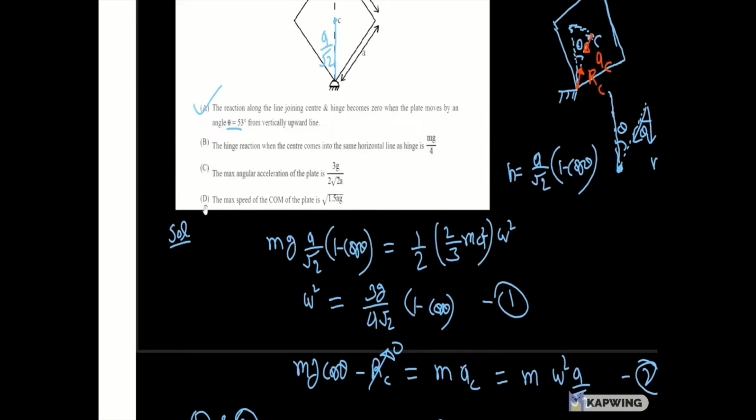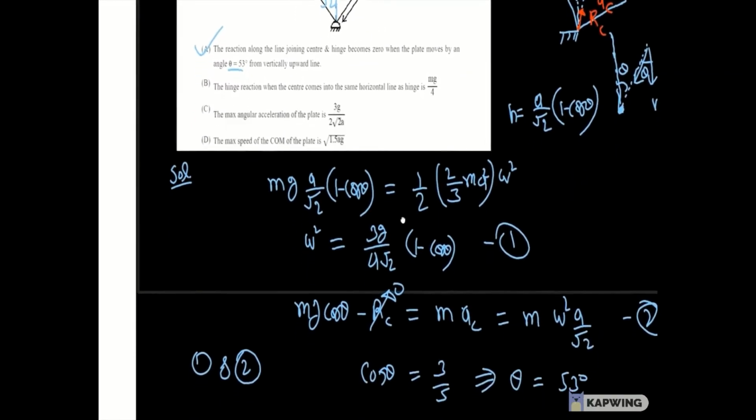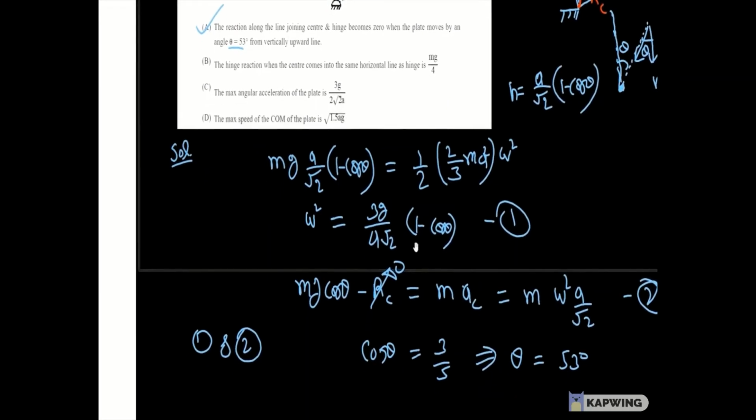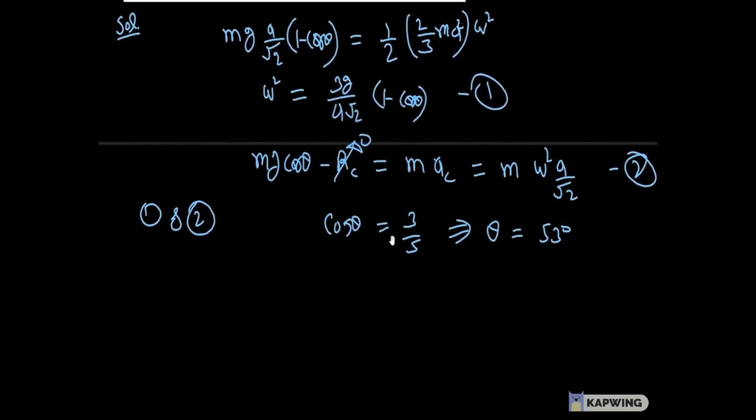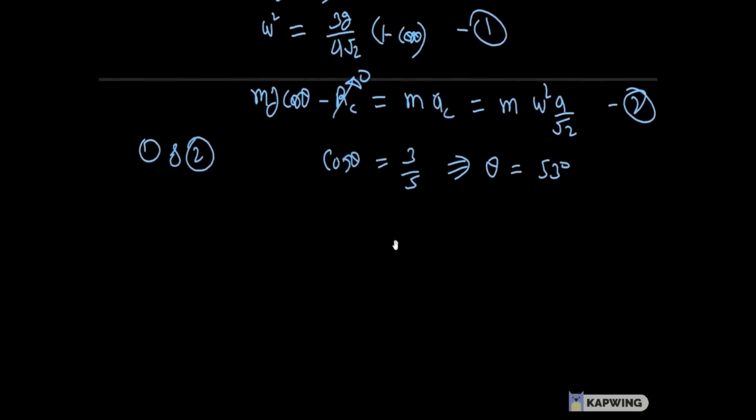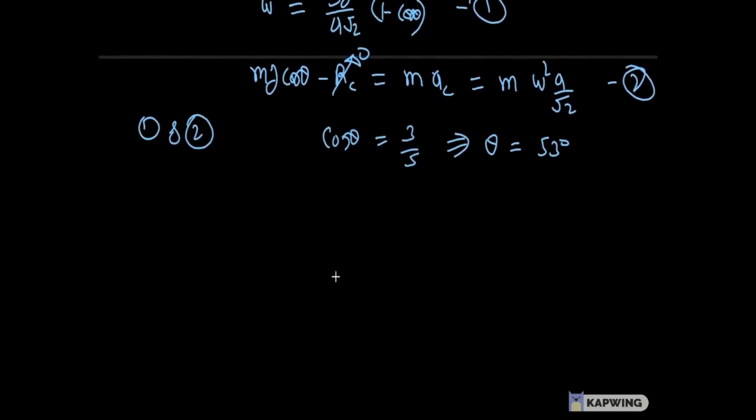Now let's check option number 2, the hinge reaction when the center comes into the same line as horizontal. So in that case, what will be the hinge reaction? There will be two components of hinge reaction, along the direction of centripetal acceleration, and along the direction of tangential acceleration.